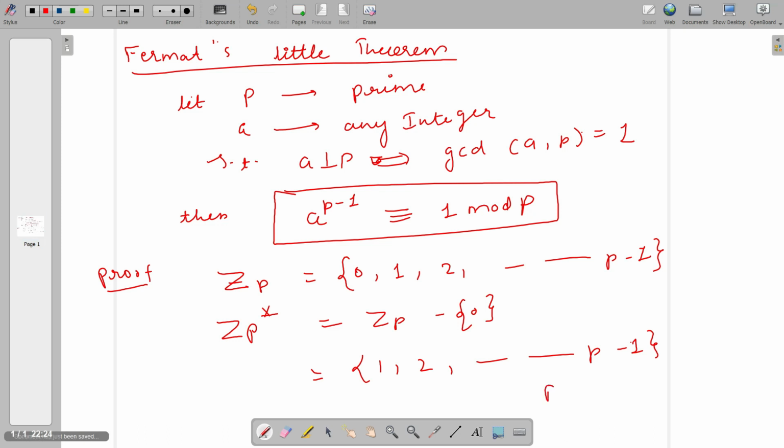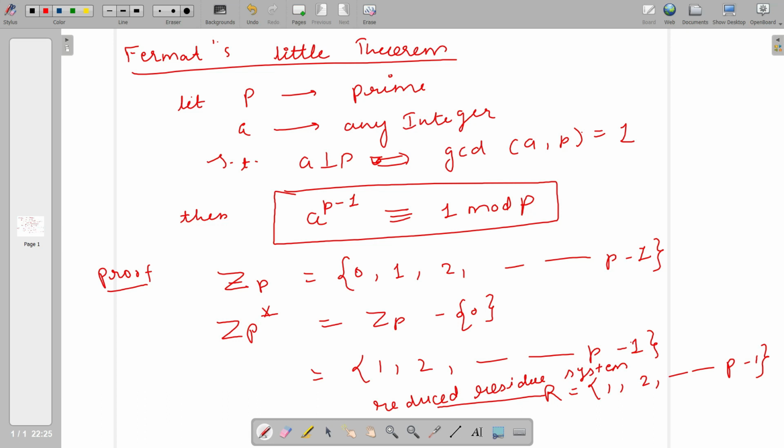Let's say there is a set R which is 1, 2 up to P minus 1. Do not confuse this with the set of real numbers. This is the reduced residue system under mod P.